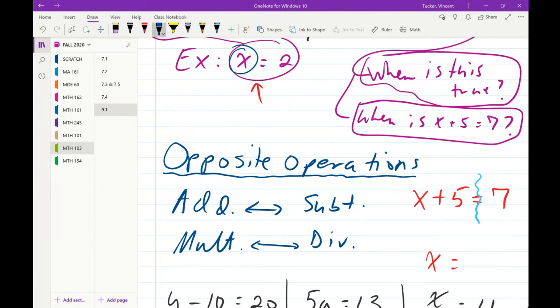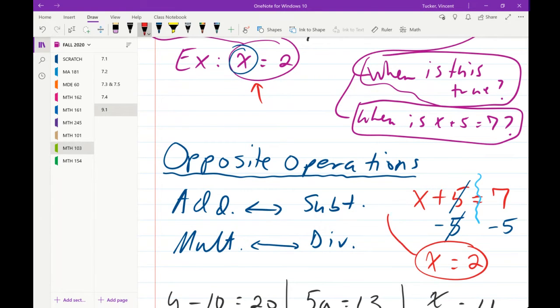I want to undo the addition of 5 to the x, so I will be looking to subtract 5. But if I subtract 5 from one side of the equation, I have to subtract 5 from the other side as well. So on the left side, 5 cancels, leaving me with just x. But on the right side, 7 minus 5 is 2, which is our solution.